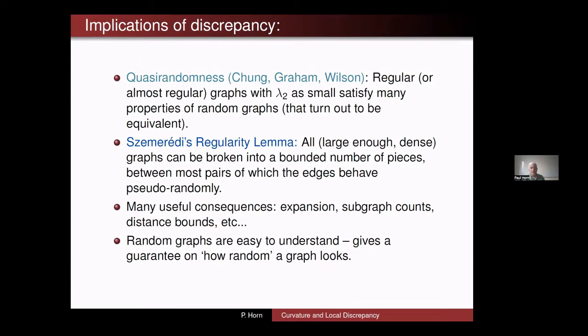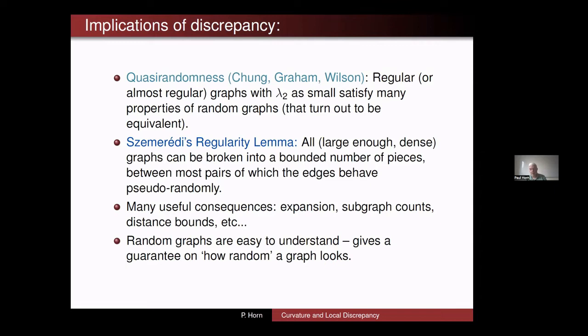So Fan, along with Ron Graham and Wilson, back in the 80s, introduced the notion of quasi-random graphs. They showed that a number of properties held by random graphs are actually deterministically equivalent.